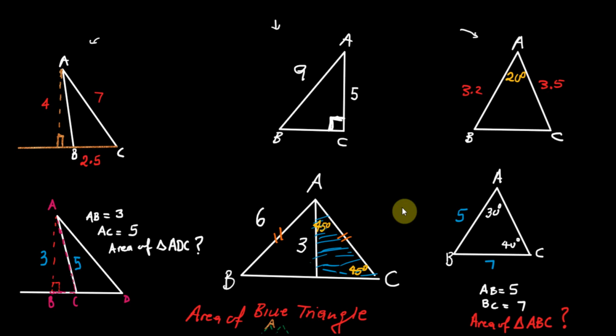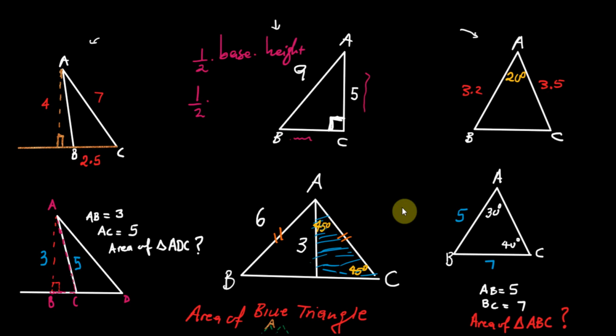If you want to find the area, remember for a right angle triangle, it's half times the base and multiply by a height. So we have half multiplied by the base, which is BC, and then the height, which is AC.